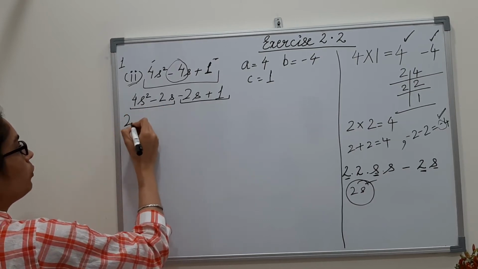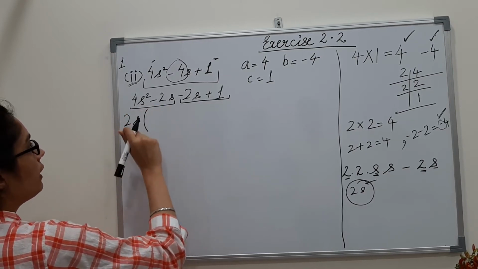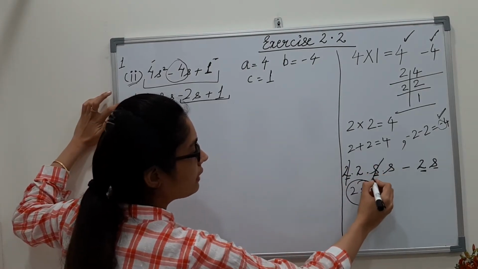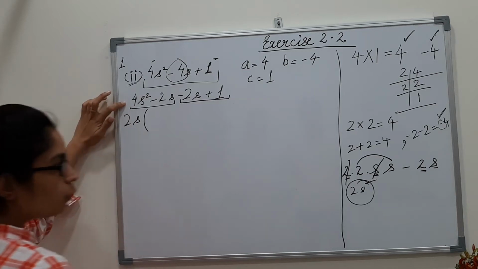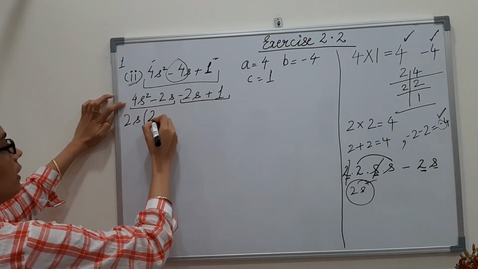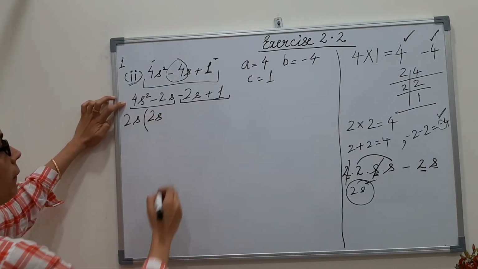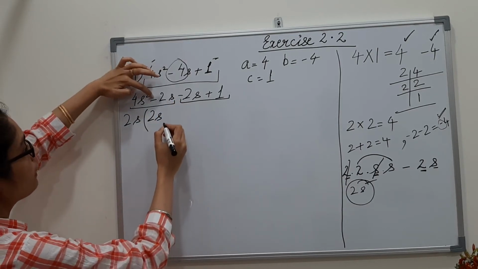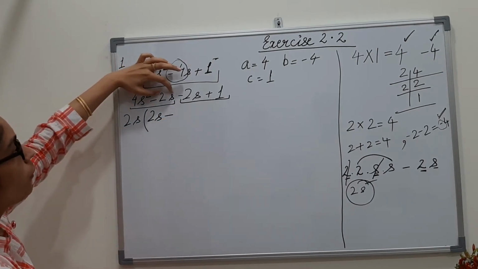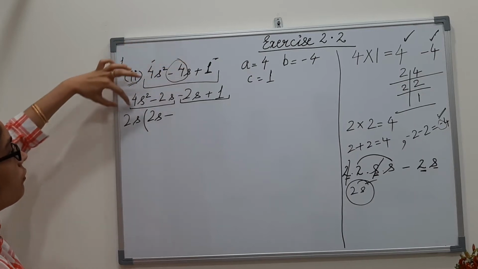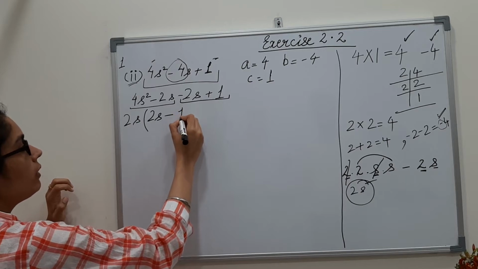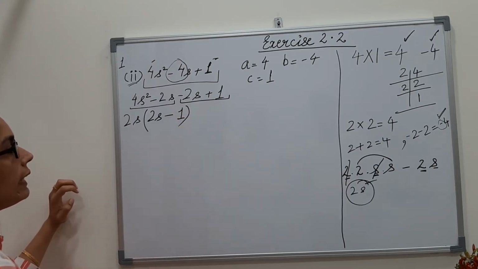So I will take 2s common and inside I am left with 2s, because if I take this 2 out and this s out, I am left with 2 and s. Now this minus I will write as it is, and 2s. This complete 2s I have written outside, so only 1 will be inside.